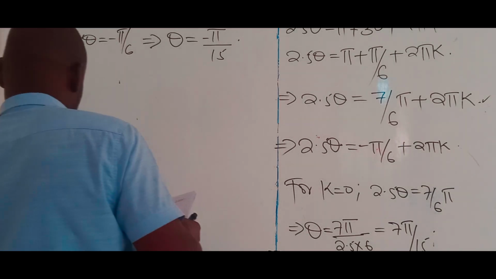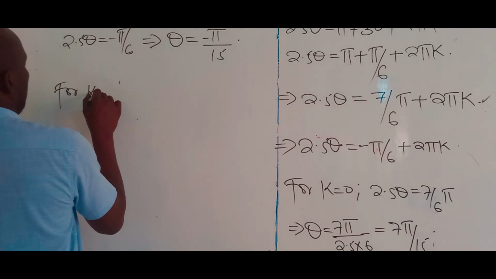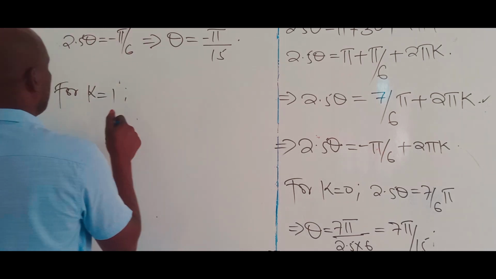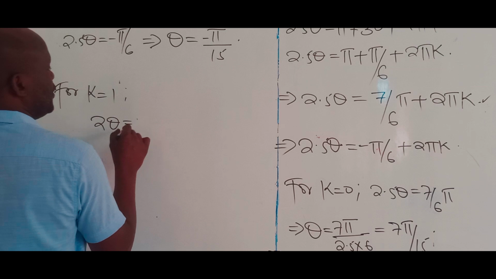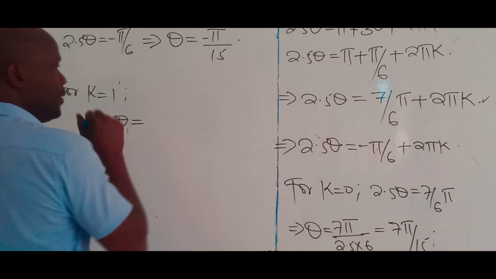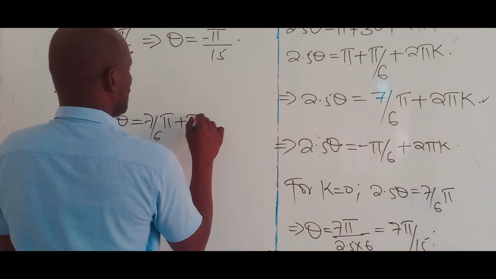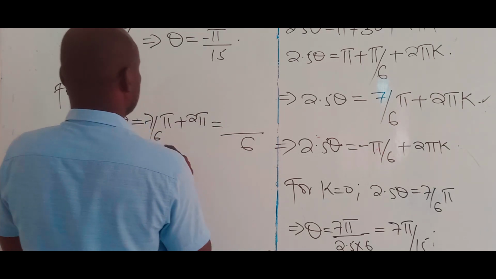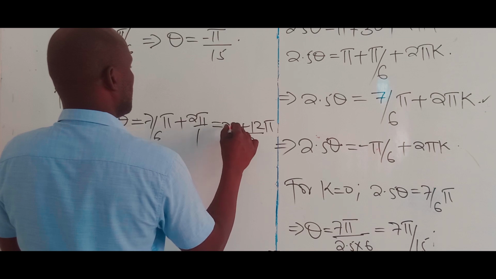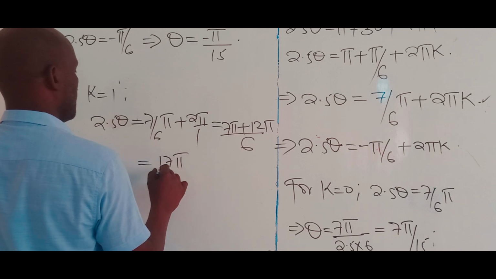Now for k is 1, we have the first case. If k is 1, we'll have the first case being 2.5 theta will be given by 7 over 6 pi plus 2 pi, which is 12 pi plus 7 pi, and that is 17 pi over 6.